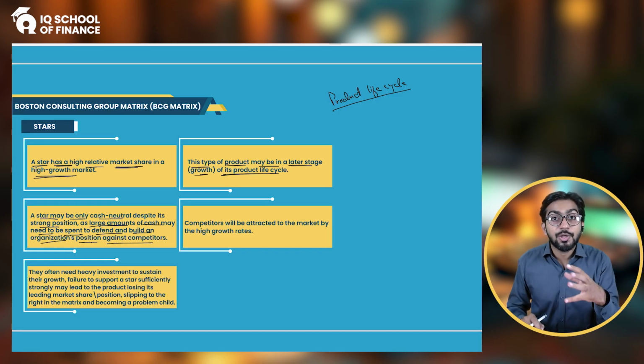By doing innovation, research and development, good marketing. And they all require funds, they all require investment. So for a star product you should do high investment, so that you can defend your market share, and also increase your market share along with the market which is growing. Your market is going up, so you should go up as well. How? By innovation, R&D, marketing.